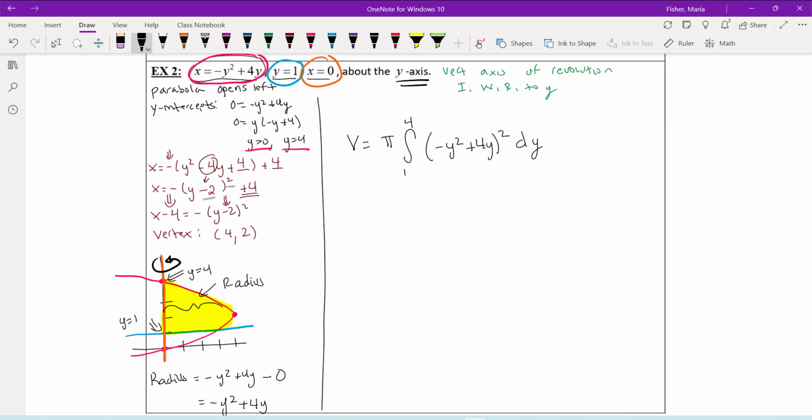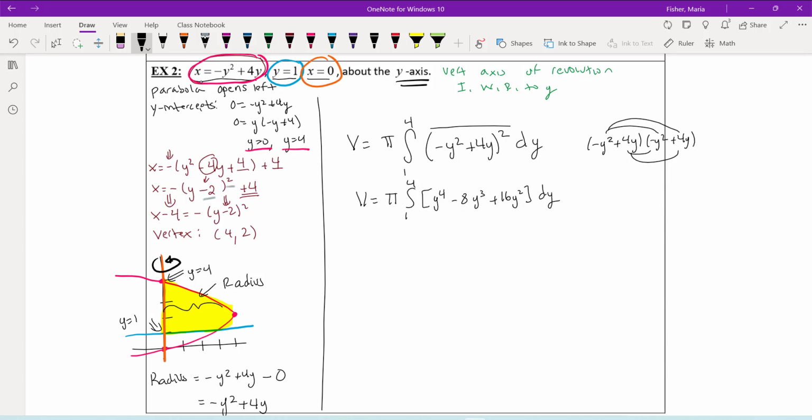Now it's time to find this volume, so I need to first square negative y squared plus 4y. If you need to, go ahead and write it twice so that you can FOIL, just to make sure that you are multiplying this correctly. If we square this, we have positive y to the fourth, then minus 4y cubed minus another 4y cubed, which is minus 8y cubed, and then finally plus 16y squared.